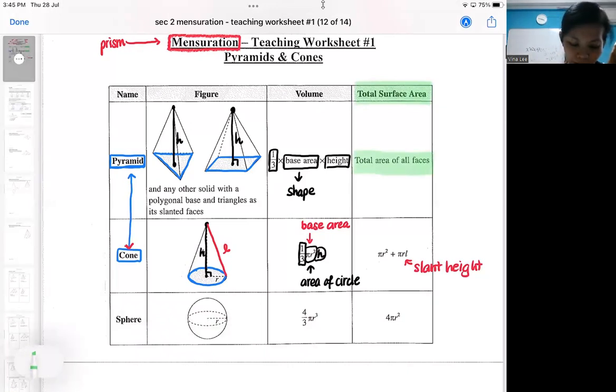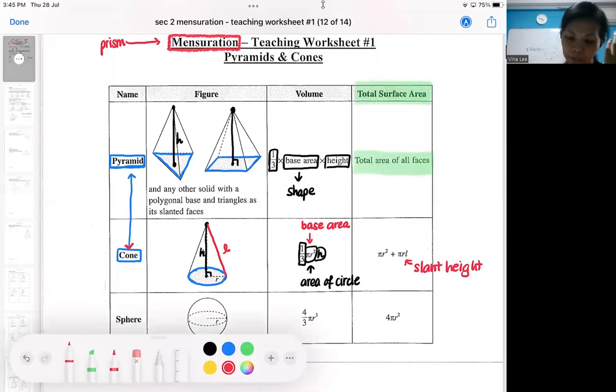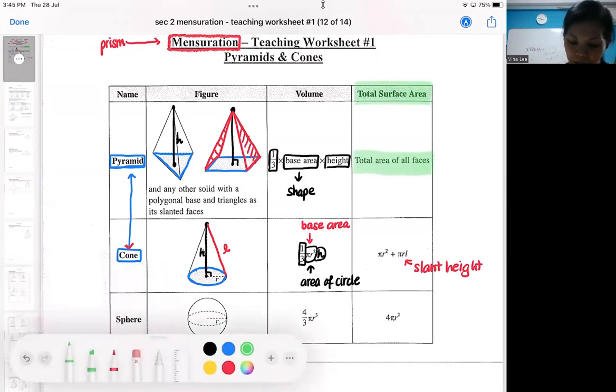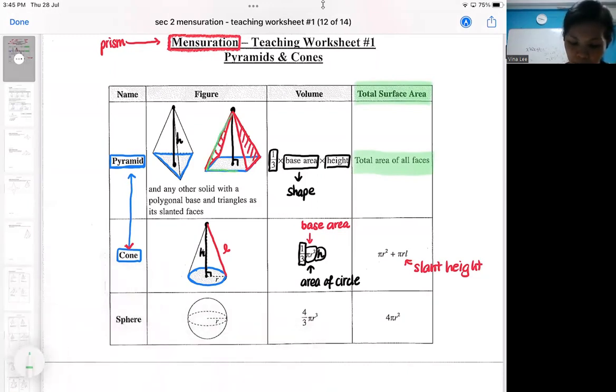So for example, in the situation of the rectangle pyramid, you should see the two opposite triangles. The two opposite triangles are the same. And then you should see a front triangle, and there should be a back triangle as well.